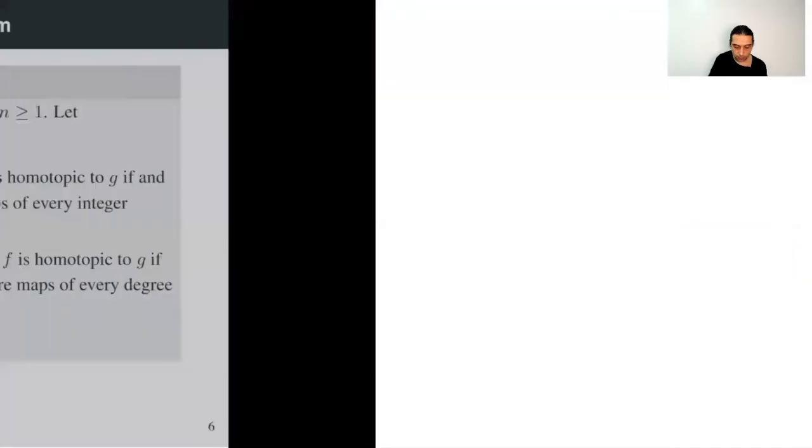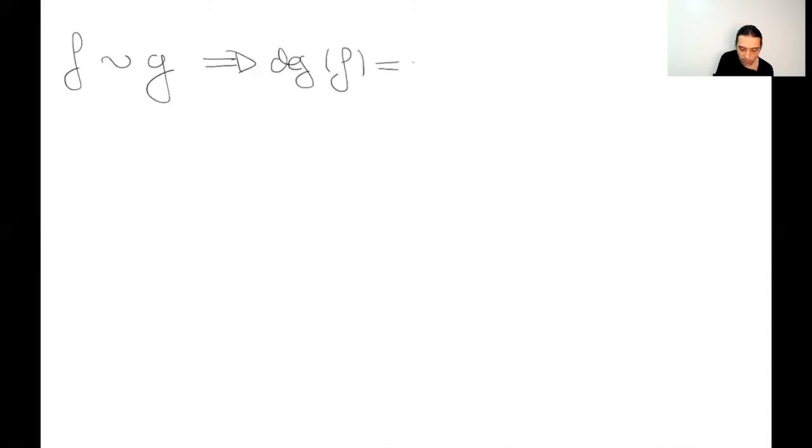Okay? So first of all, if F is homotopic to G, then the degrees are the same. We already know that the degree is a homotopy invariant, so no problem here. And now suppose that the degrees are the same.